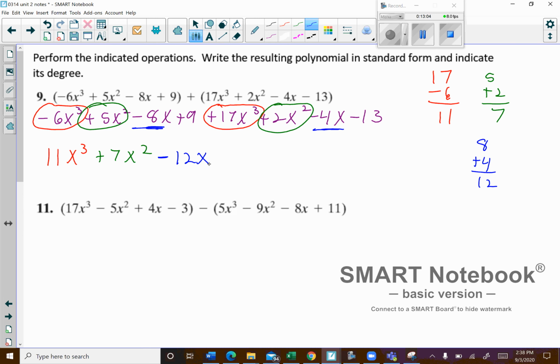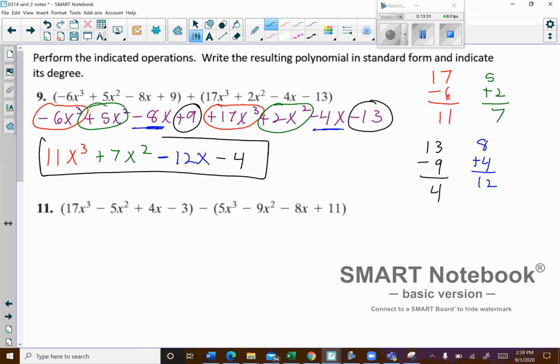But we're combining, we're adding. And then the last one, I've got plus 9 and minus 13. Those are competing against each other. One's positive, one's negative. So take the larger, subtract the smaller, which gives me a 4. It's going to be a minus 4 because the larger number was of the minus sign. And so there we go.